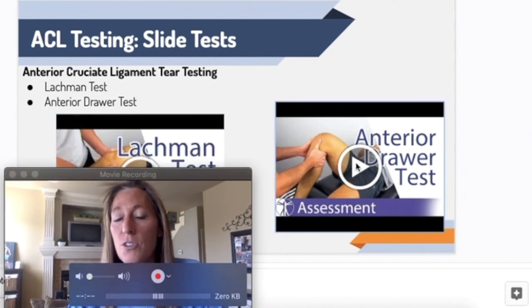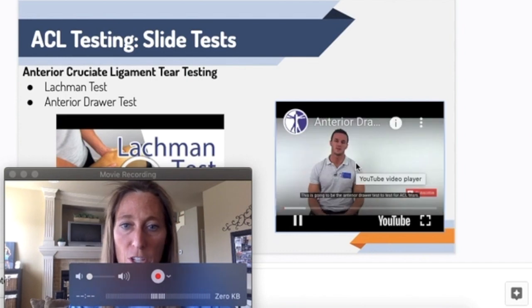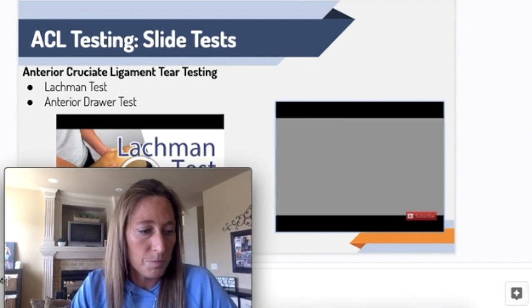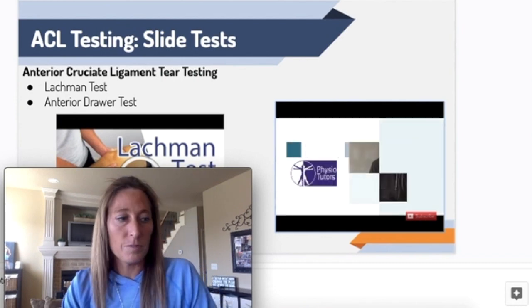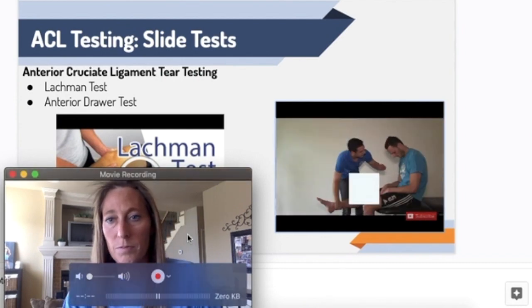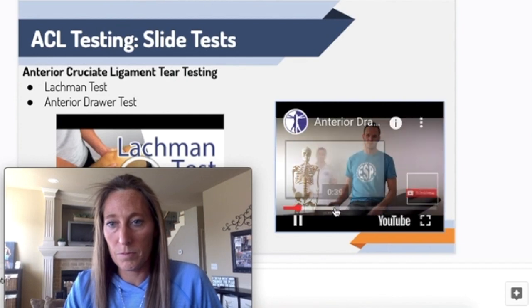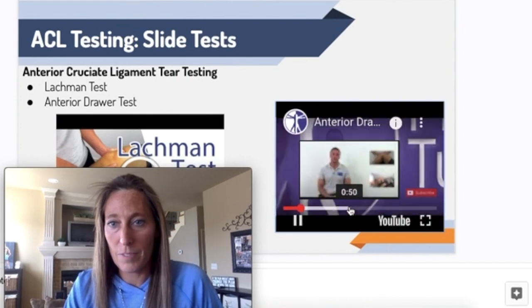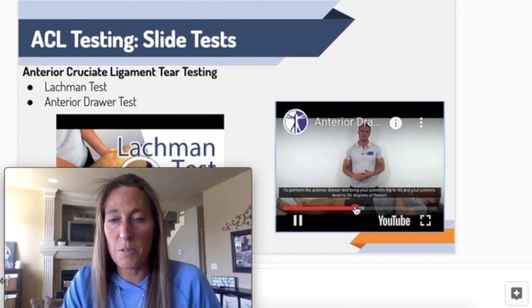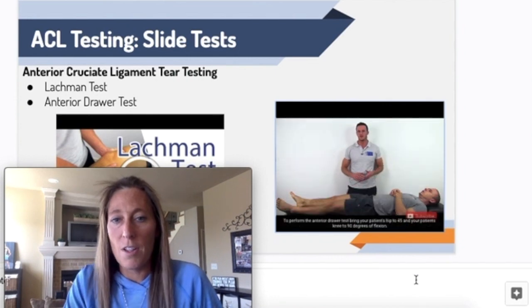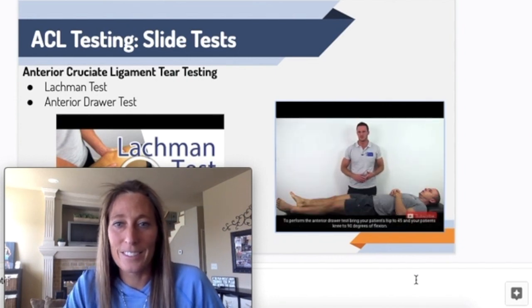All right, this is the anterior drawer test. I wish we were in the training room. This is going to be the anterior drawer test to test for ACL tears. All right, the anterior drawer test. Bring your patient's hip into 45 and your patient's knee into 90 degrees of flexion.